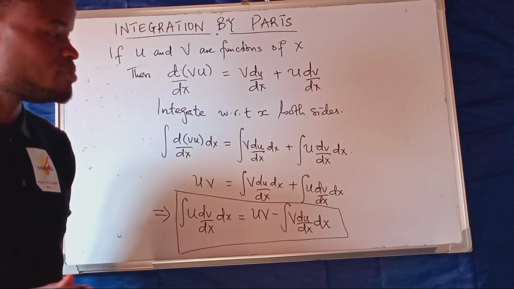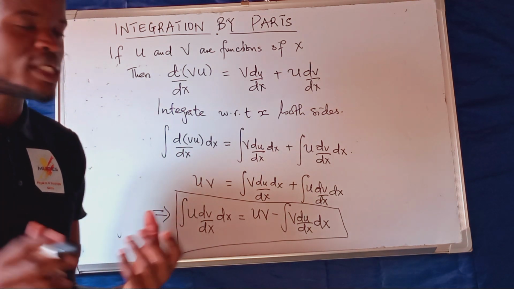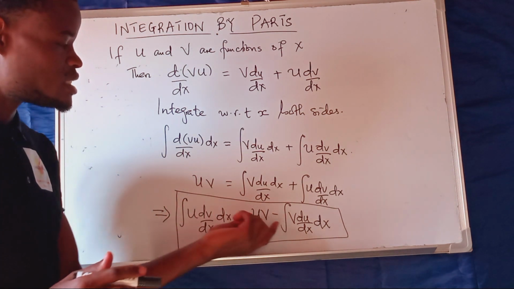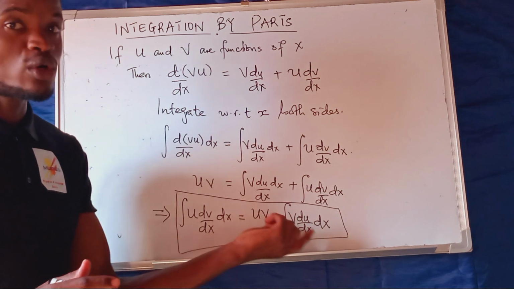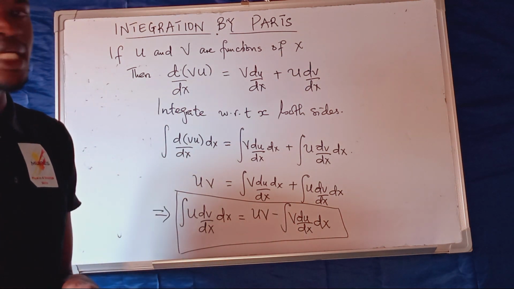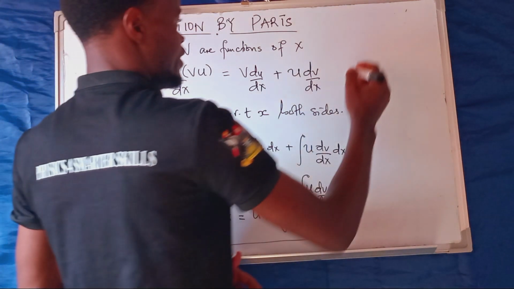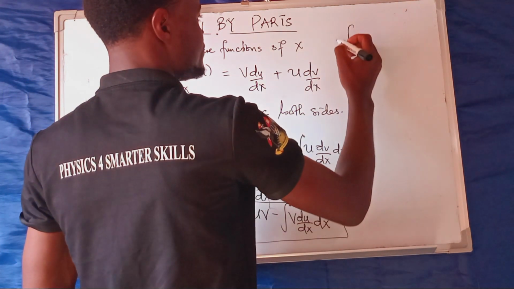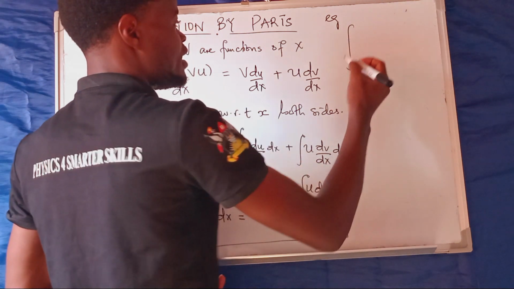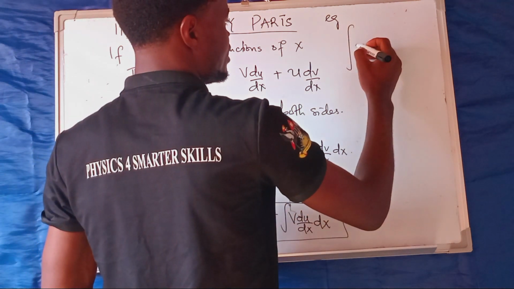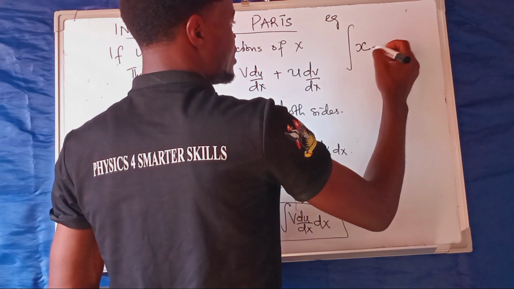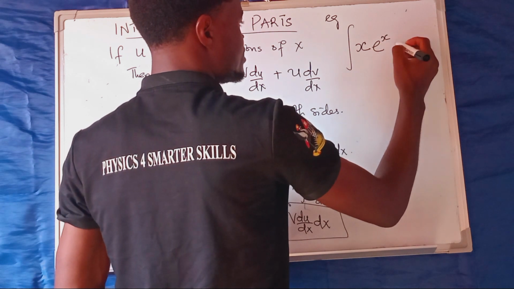So if we have a function that looks like this, this is the way we always go for it. For example, if I have the function x e to the power x dx.